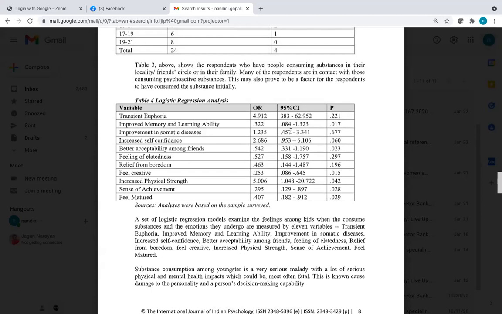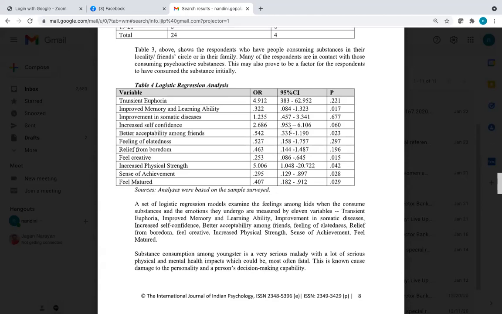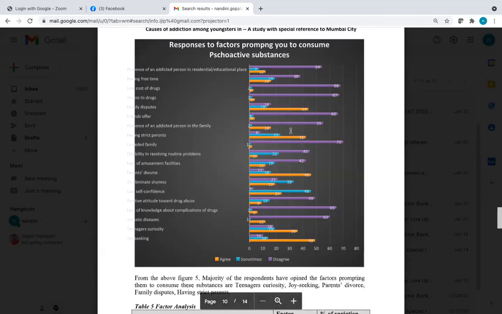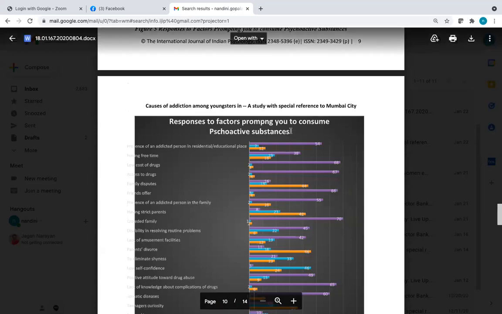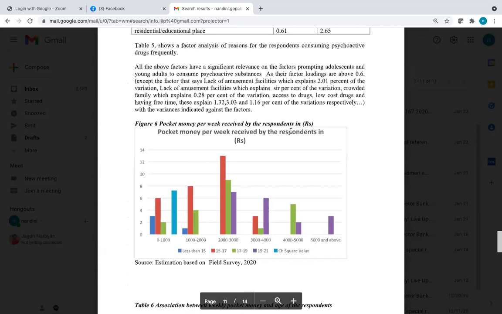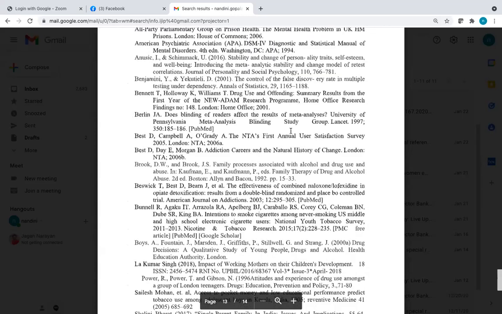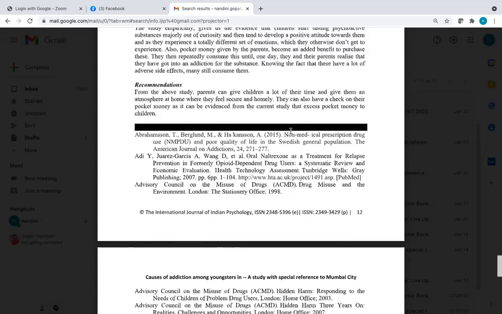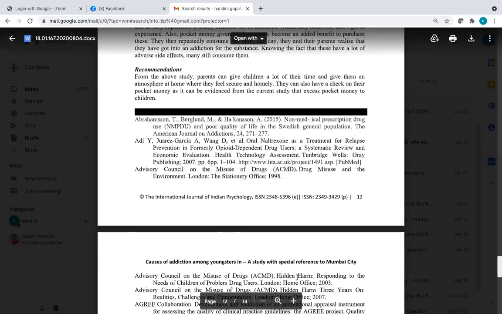It's an analytical tool, wherein conclusively I'm saying what is happening with the people. And I've described this. So this is how it is. What are the causes of addiction? And then finally my references. So this is the format of a research paper.